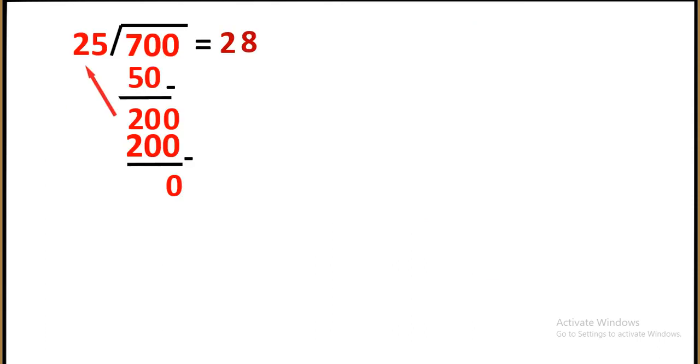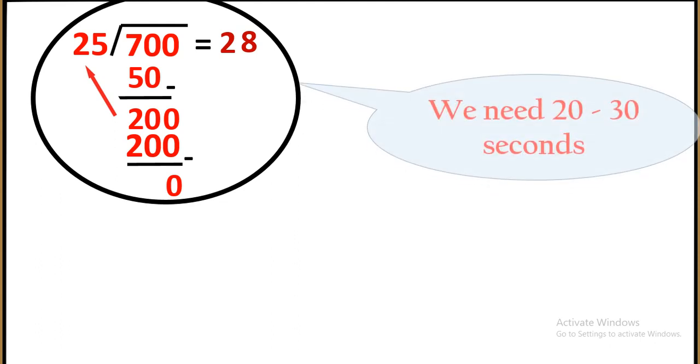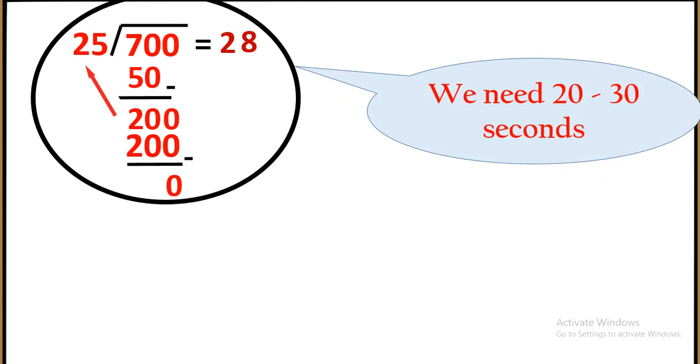So when we look back, when we have pencil and paper, we can do it like this, and it needs time. It needs 20 to 30 seconds to do that with pencil and paper. But on some occasions, we don't have pencil, we don't have paper, and we also need a quick decision.